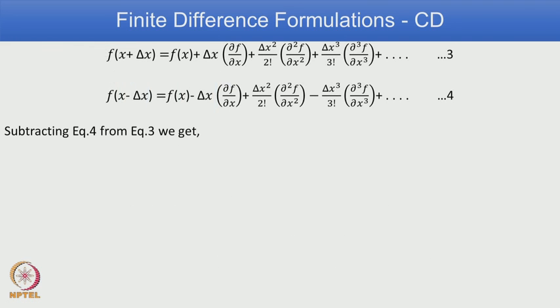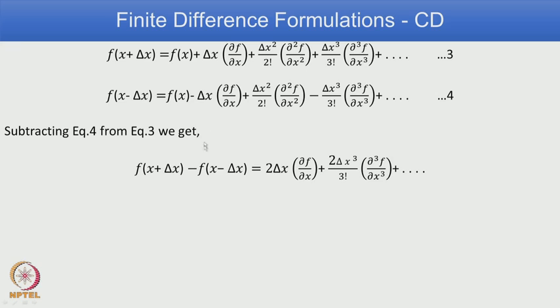So, if you subtract equation 4 from equation 3, so this is equation 4, which is a backward expansion formula, and this is expansion in the forward direction. So, if you subtract equation 4 from equation 3, you can get f of x plus delta x minus f of x minus delta x.